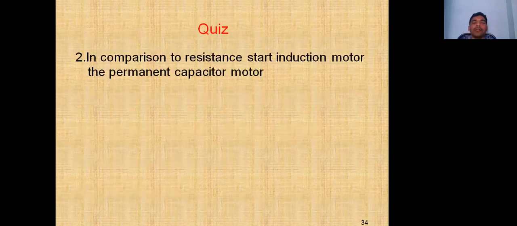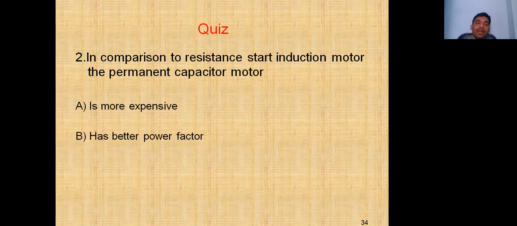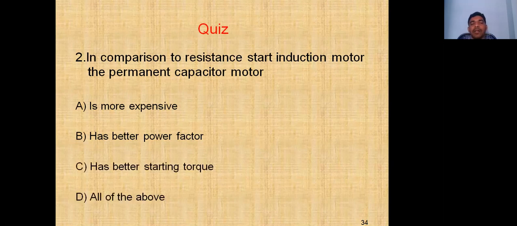In comparison to a resistance start induction motor, the permanent capacitor motor: option A is more expensive, option B has better power factor, option C has better starting torque, option D all of the above.